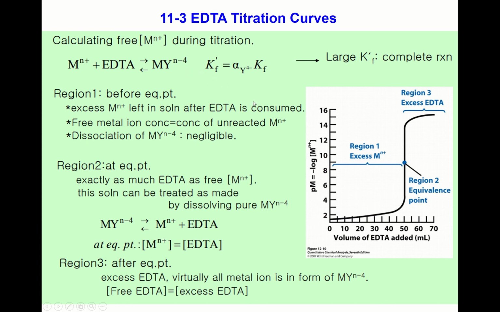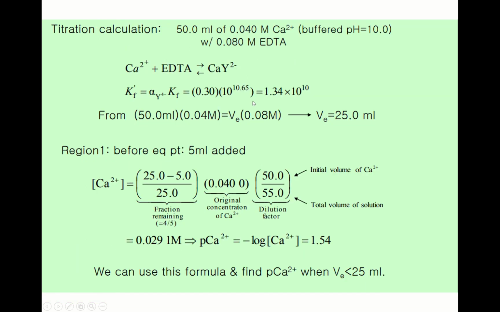All right, let's take an example here. Let's consider the titration of calcium with EDTA. In the original solution, you have 50 milliliters of 0.04 molar calcium, buffered at pH 10, and the concentration of EDTA, the standard EDTA, is 0.08 molar.